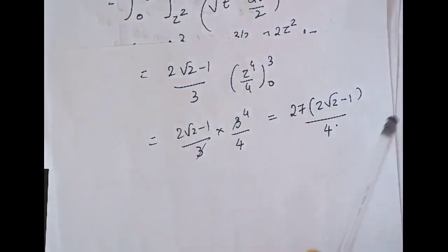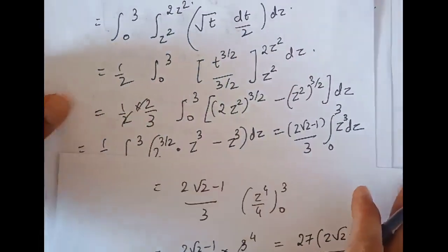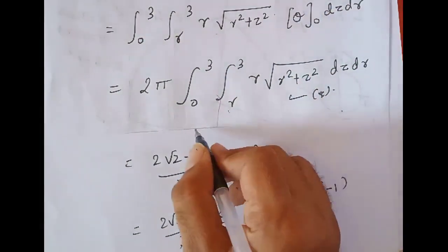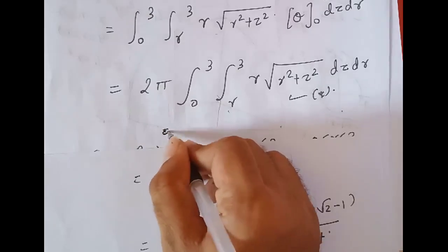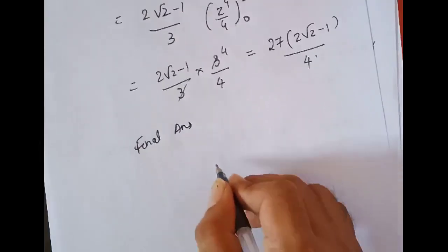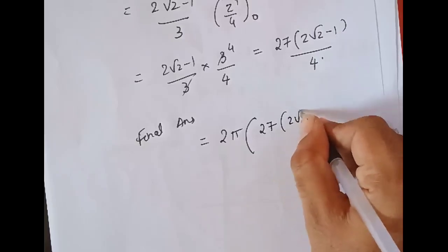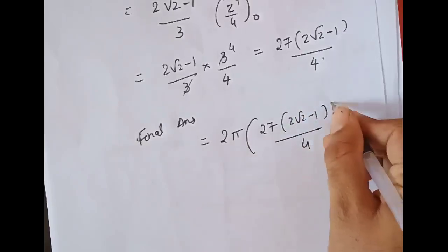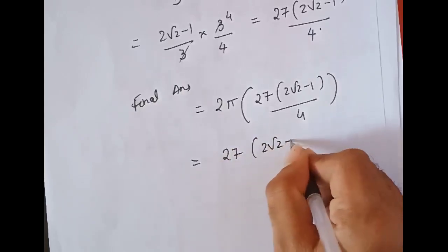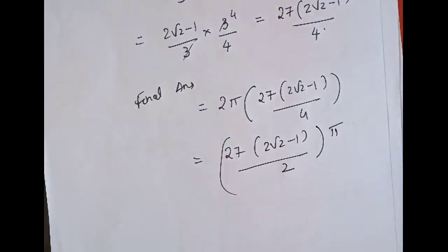So this is our answer for the integral part. We can substitute in star, so the final answer is 2 pi multiplied by 27 times 2 root 2 minus 1 by 4, or simply 27 times 2 root 2 minus 1 by 2 multiplied by pi.